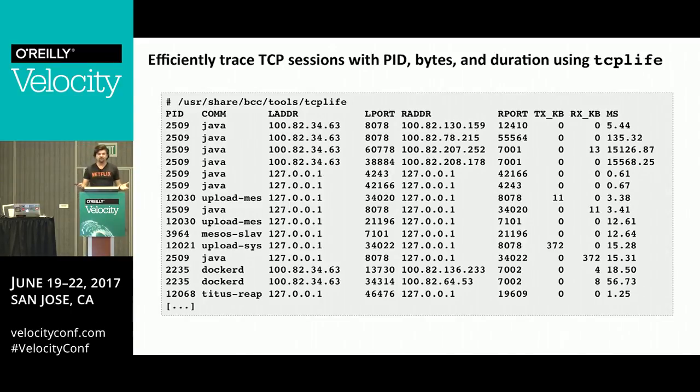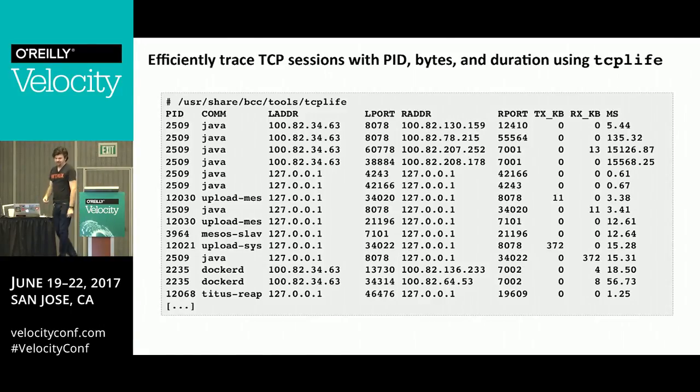So I don't expect people to navigate kernel source and random kernel functions to answer problems. There's a lot of canned tools that you can just run, like your toolkit of tools. And this one that keeps coming up is TCP Life. This was originally suggested by another engineer on Twitter. Julia Evans asked, I just want a tool that can say, who's connecting to port 8080? So who is using that port?